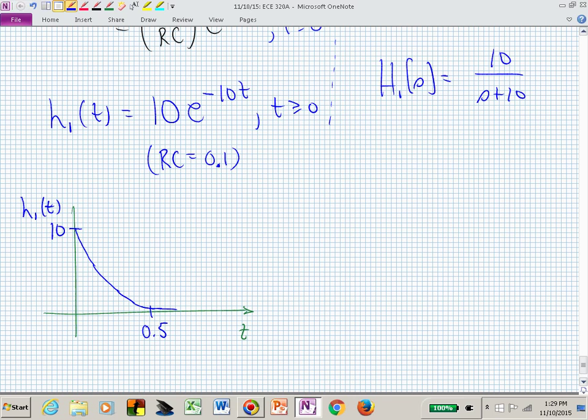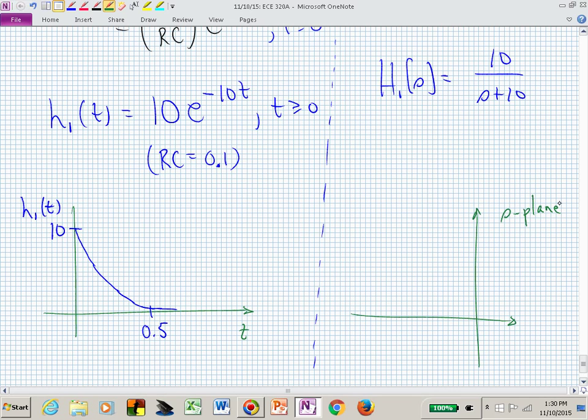What's the diagram in the frequency domain look like? What's our pole zero diagram or the S-plane plot look like? Here is the imaginary value of S. Here's the real value of S. Do we have any open circles?